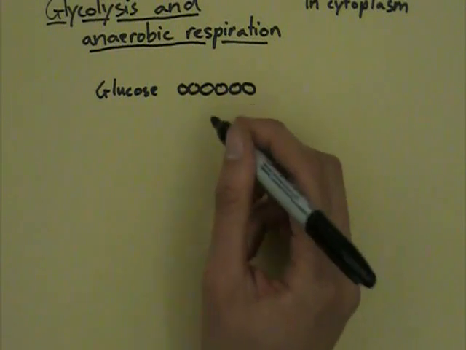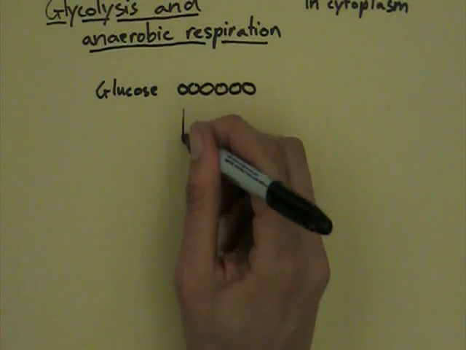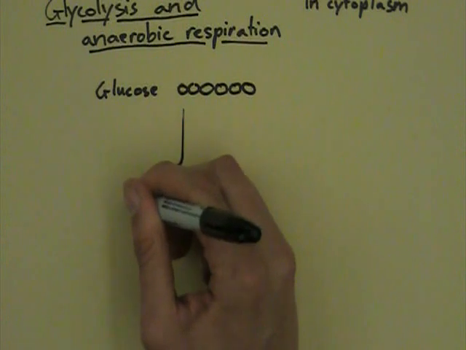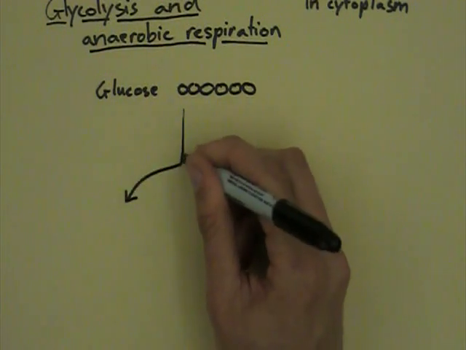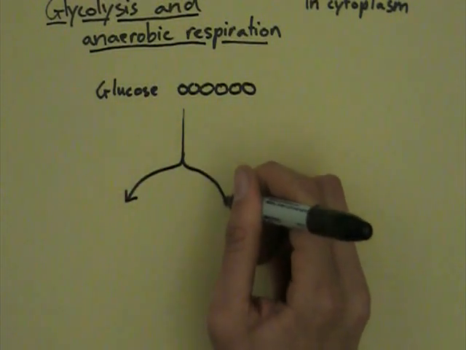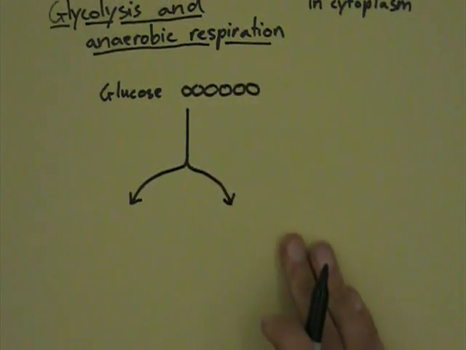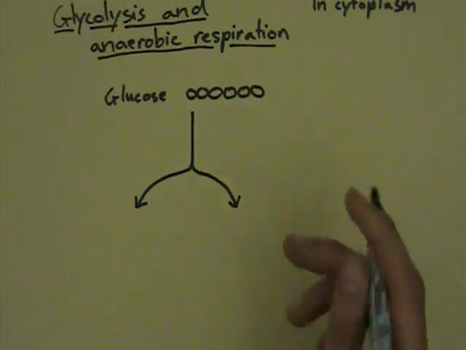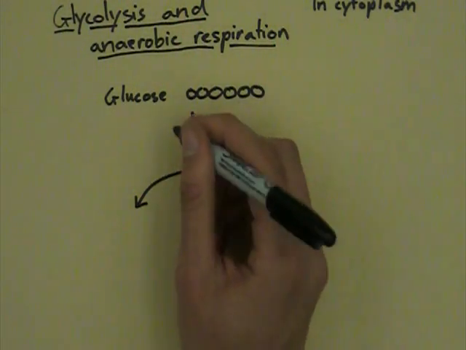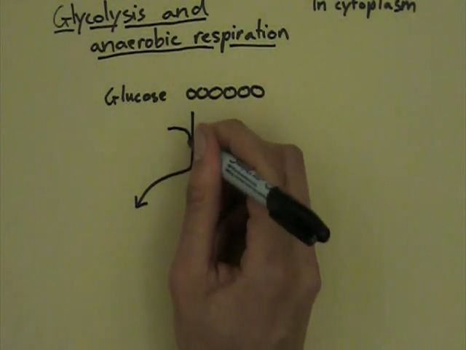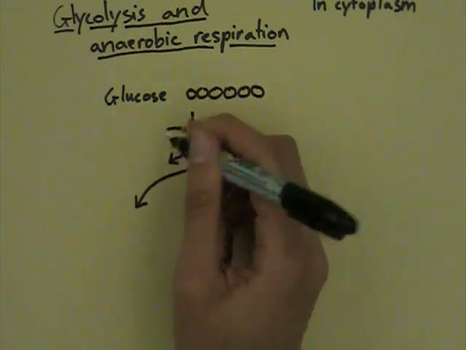So what I'm going to do is take this molecule of glucose and split it in 2, like so. In order to do this, we need to use ATP. We need to use 2 molecules of ATP, in fact.